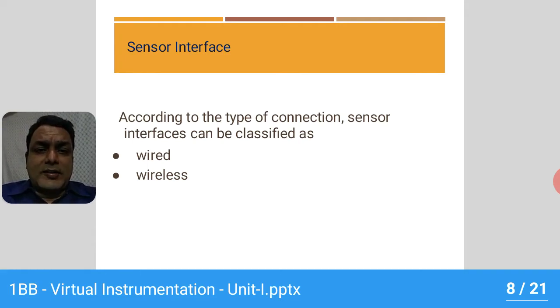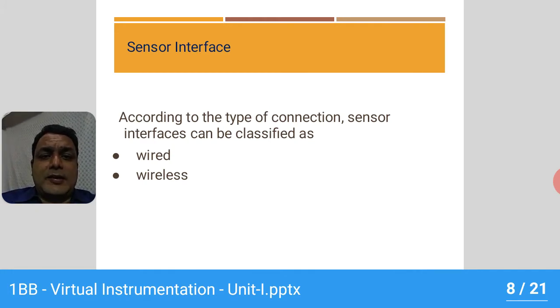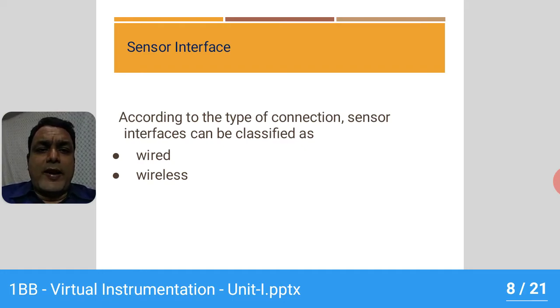In the modern industrial scenario, the type of sensor interface plays a major role depending upon the type of industry and the state of the art mechanism where it is deployed and installed. So, let us go into detail on what wired and wireless sensor interfaces are.